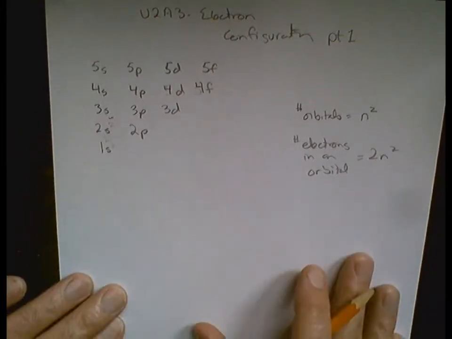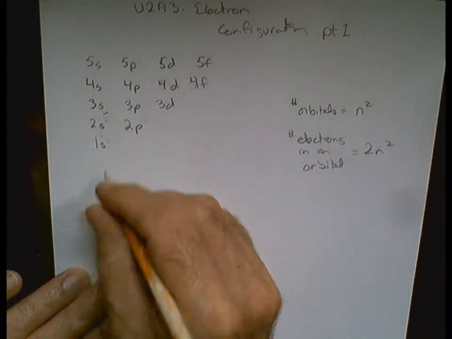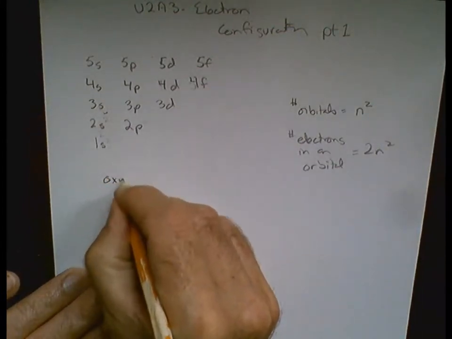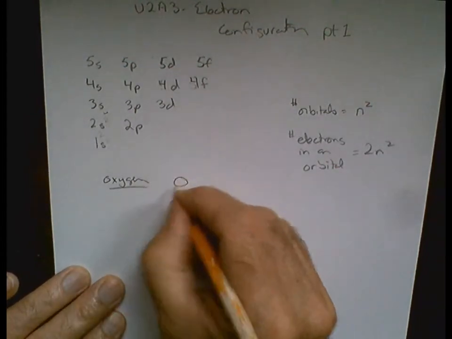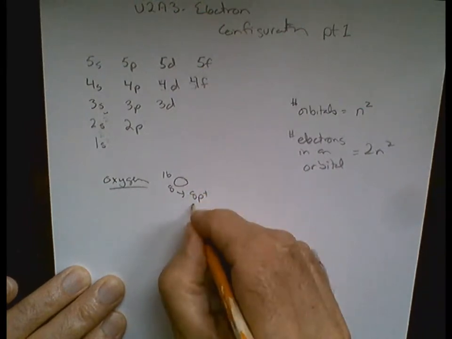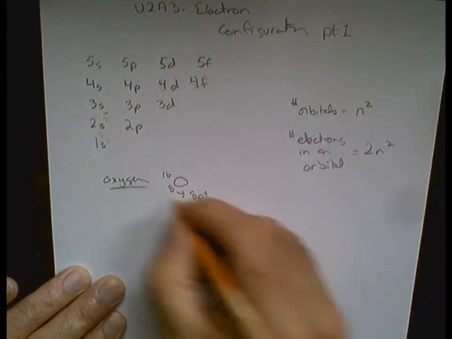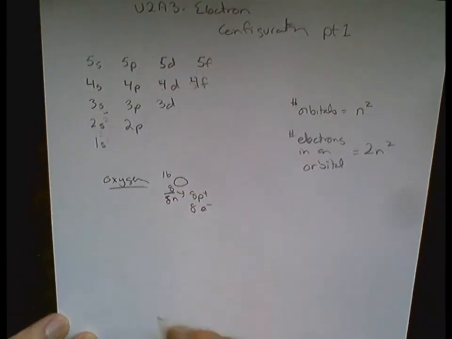So basically, I'm going to go back to a Bohr-Rutherford diagram, and I think I'm going to do oxygen. When you're in grade 9 and you do Bohr-Rutherford diagrams, what we have to know is we have 8 protons, we've got 8 electrons, 16 minus 8 is 8 neutrons.